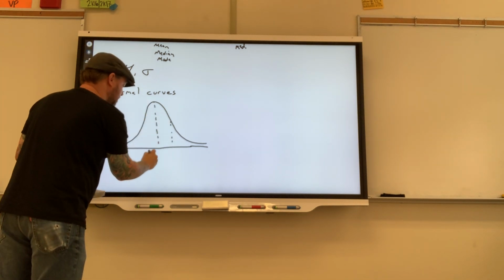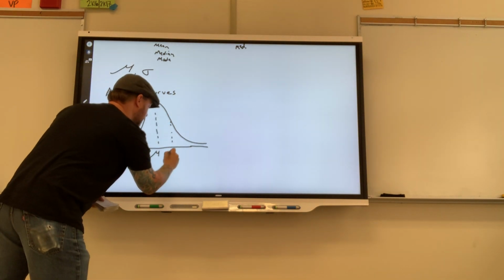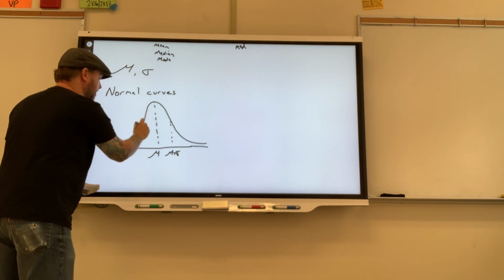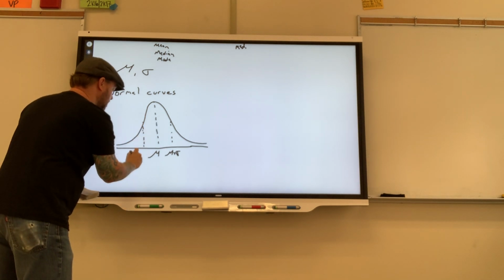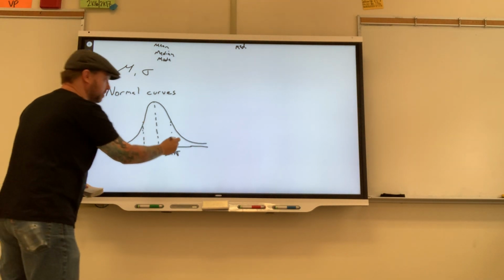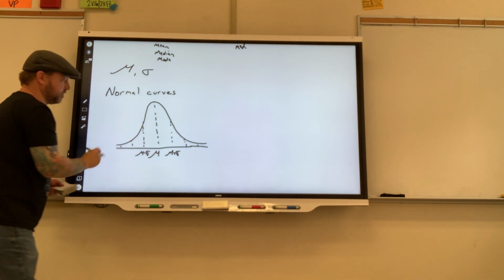Right here, at the inflection point, this is one standard deviation above the mean. At the inflection point over here, one standard deviation below the mean. So here would be 2, 3, 2, 3.